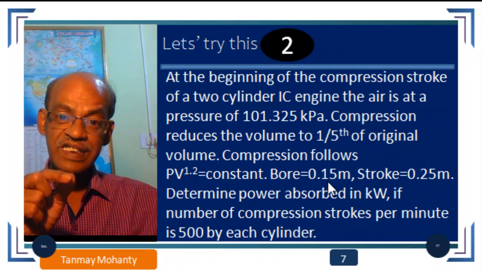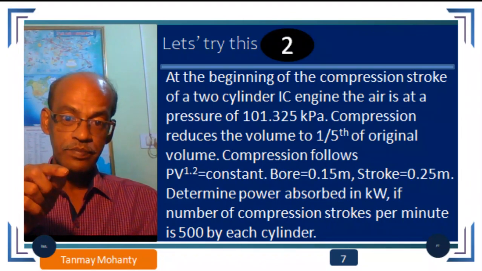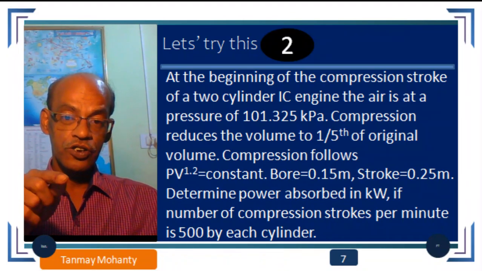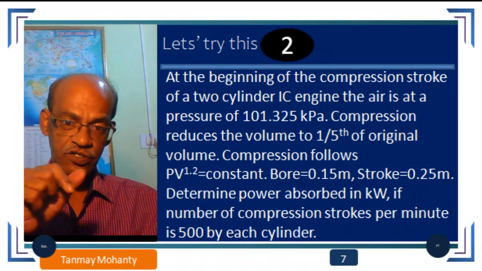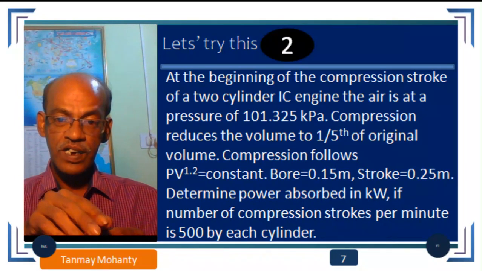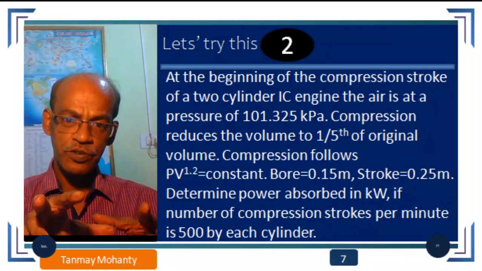The question is to determine the power absorbed in kilowatt, if the number of compression strokes per minute is 500 by each cylinder. Let us understand this. Okay. This is a polytropic process.